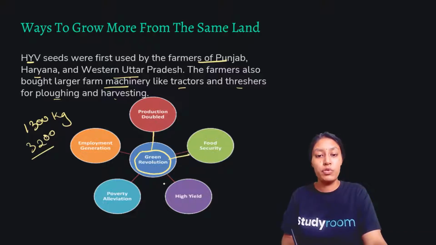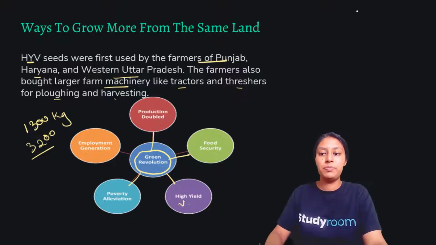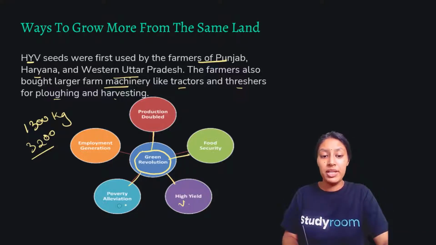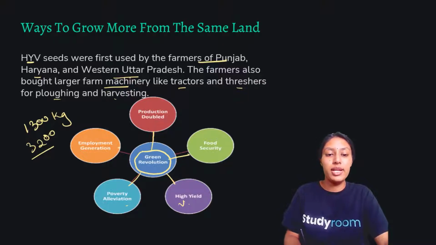It gives more food security, because high yield variety seeds are there. Poverty alleviation: this means completely shutting down poverty. Now they have food, they have proper food security, they have production to sell, so there is no chance that they can get into poverty.